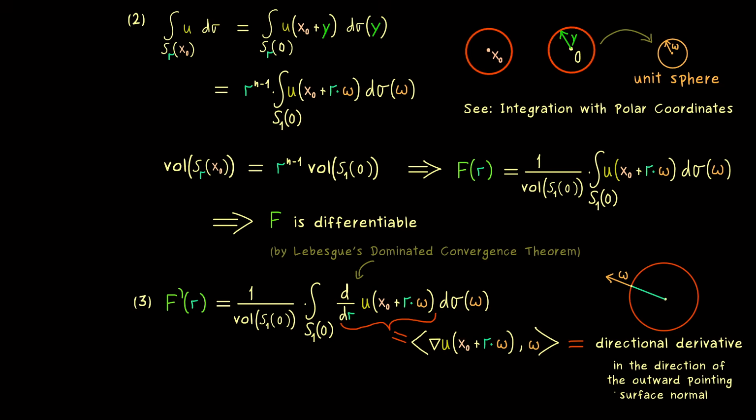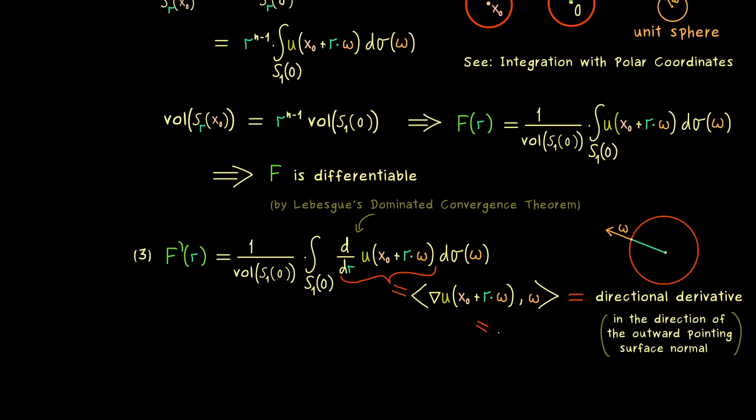And exactly this special directional derivative is what we sometimes also call the normal derivative on the surface. The direction is exactly perpendicular to the surface and this makes this derivative special. And a short notation which is quite common is to write the partial derivative with respect to the direction n of u. And here in our context, capital N is exactly the same as omega.